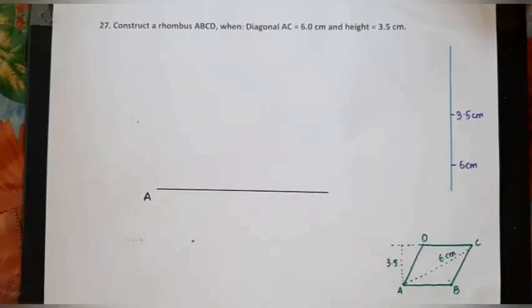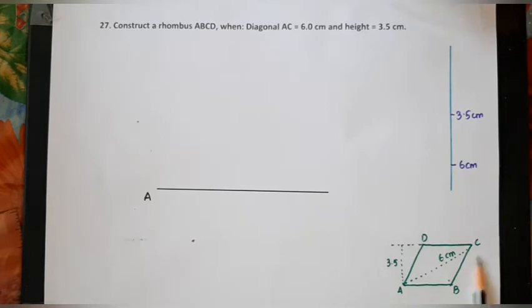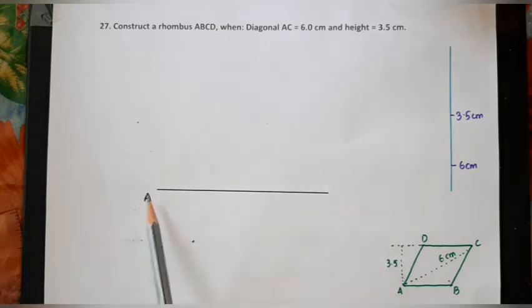Here also we have been asked to construct a rhombus ABCD, where diagonal AC is given to be 6 centimeter and the height is given to be 3.5 centimeter. As usual, I don't know the length of this side, so I'm just drawing a long line, writing A at this point. Next, we'll construct the height, which is exactly at a 90-degree angle.